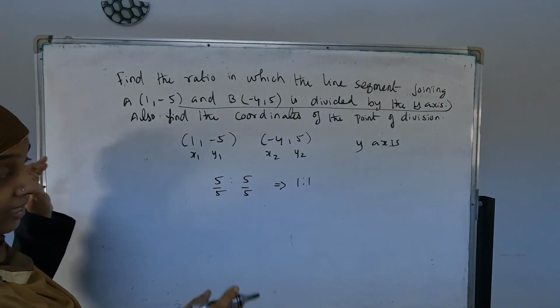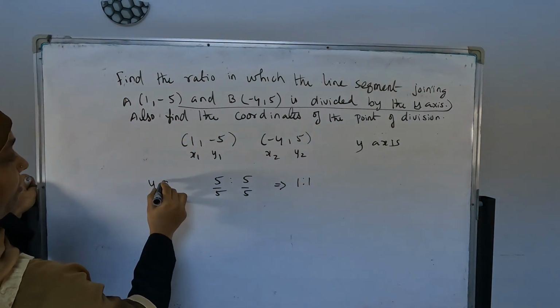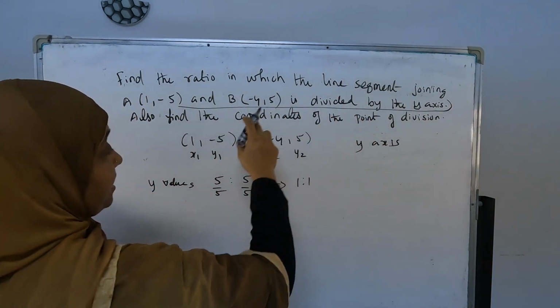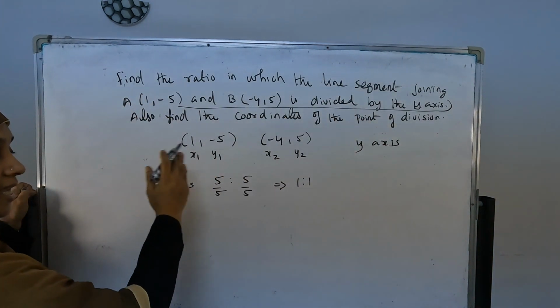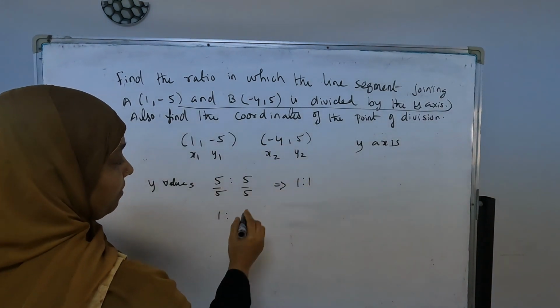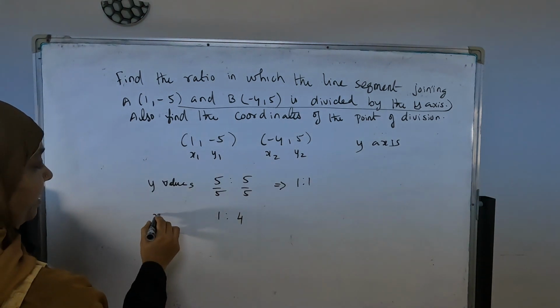If they are asking the y-axis, if they give the y-axis, take the x values only. Here which values did we take? Y values. Okay. And if they give divided by the y-axis, take the x values only. Again leave the negative symbol. 4. 1:4 only is the ratio.